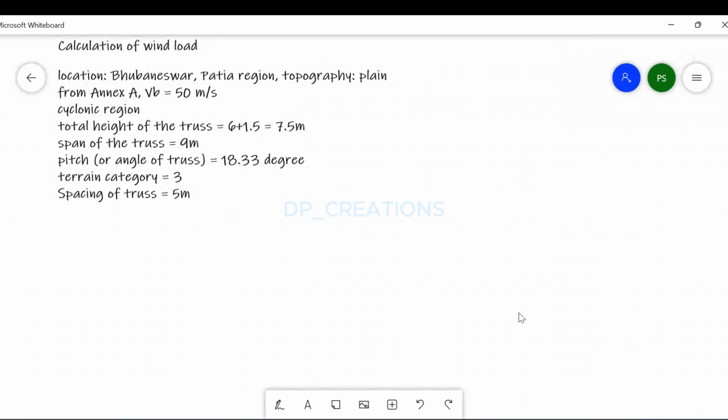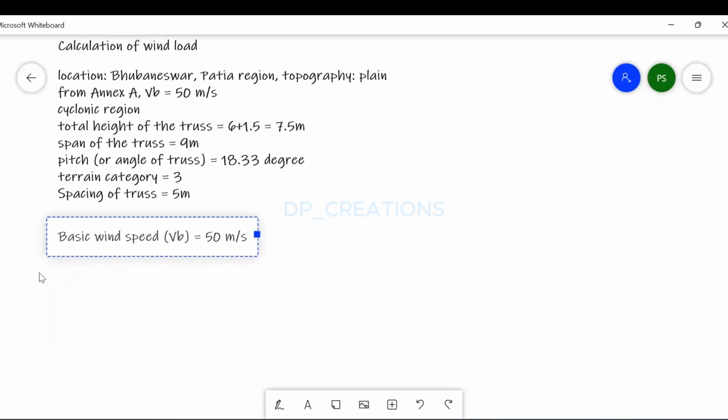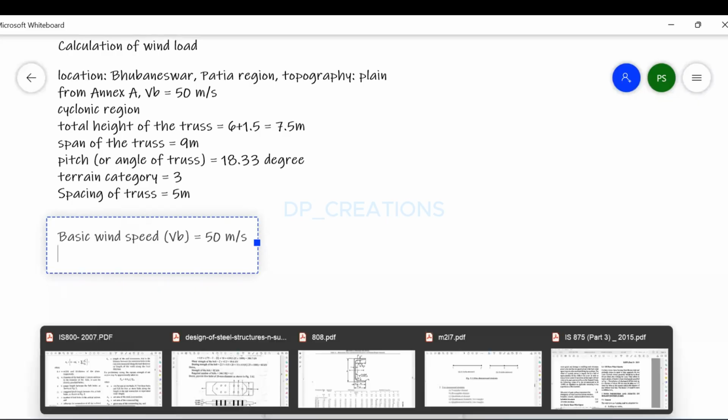Now start with your calculations. First, basic wind speed Vb equals to 50 meter per second. Then what is the term?